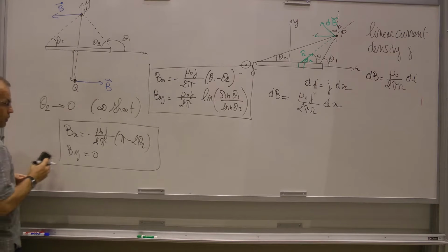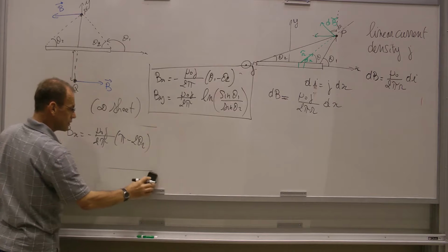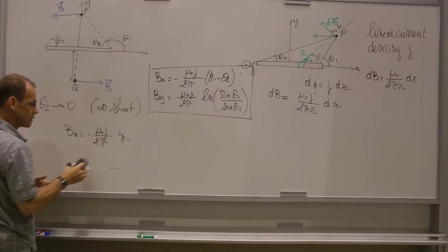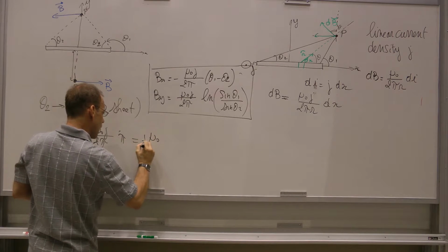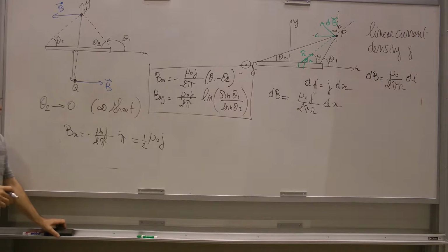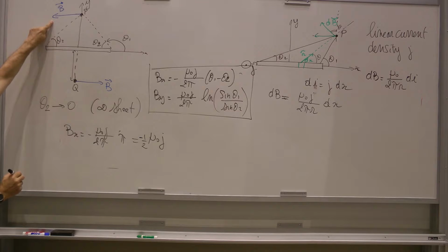If theta 2 equals 0, that means suddenly my Bx field simplifies to this expression, which is equal, therefore, to one half of mu 0 j, a very simple expression with a negative sign still there for the magnetic field at point P.